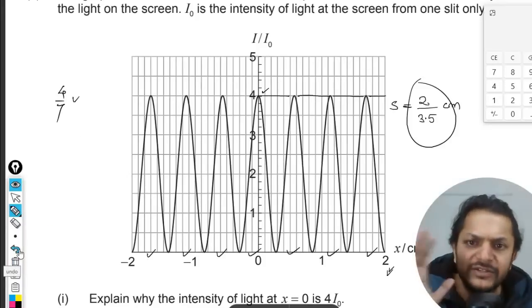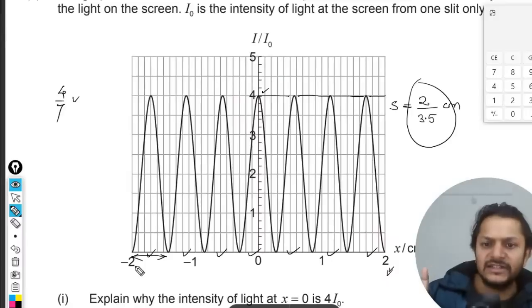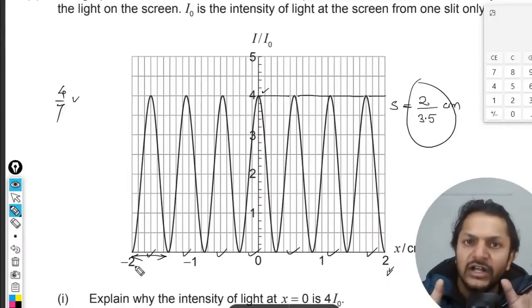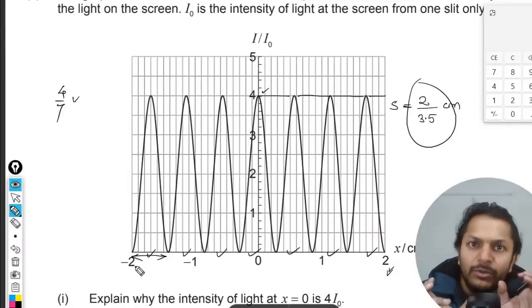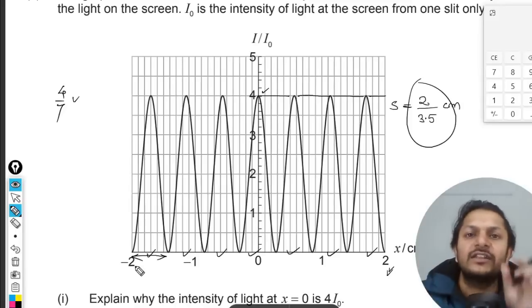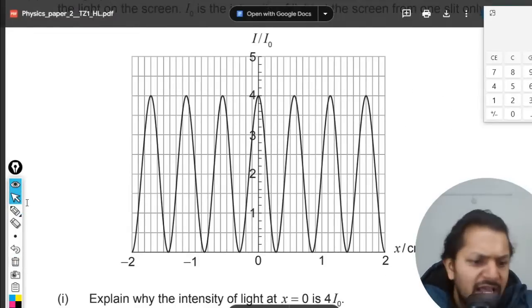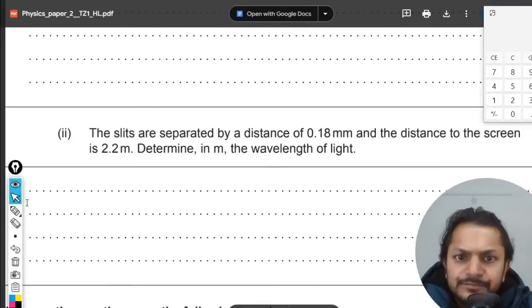Please try to understand here. We are going to find the spacing here. So what we did, we found the total distance and we counted the total number of fringes. We divided the total distance by the total number of fringes to find the distance of one fringe. So that is 4 by 7 centimeters.